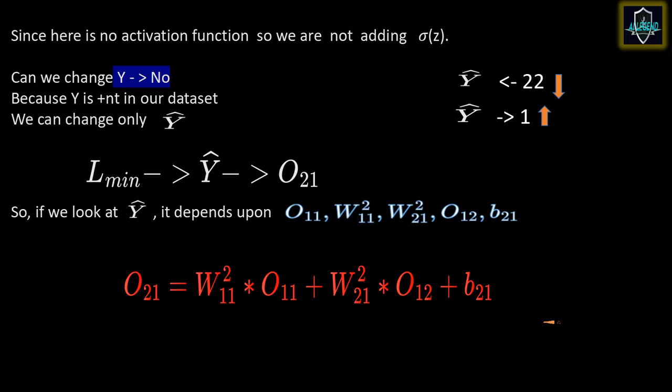Since there is no activation function sigma z here, we are not adding it. So y hat depends on 5 things: O11, W211, W221, B21 and O12.